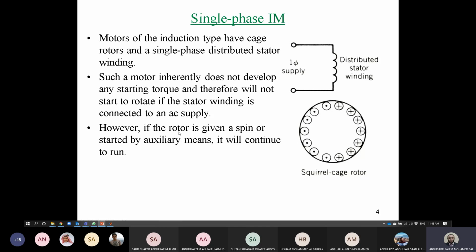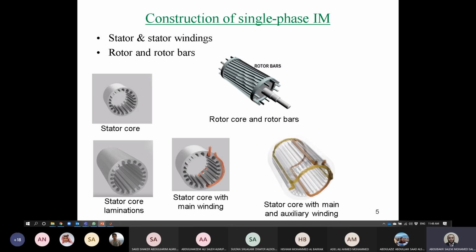However, if the rotor is given a spin, even by your hand, it will start, Shabab. Okay, it will start. So this means you need something at starting to build a torque component or flux component to start the operation of the machine. Of course, we will discuss this in more detail.